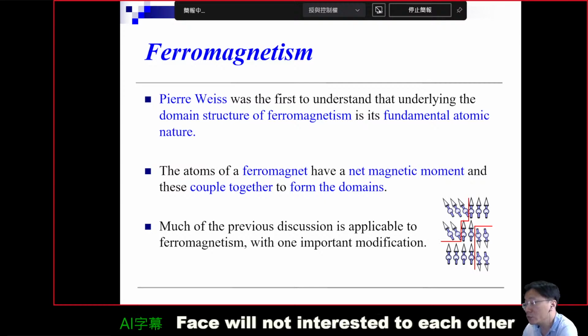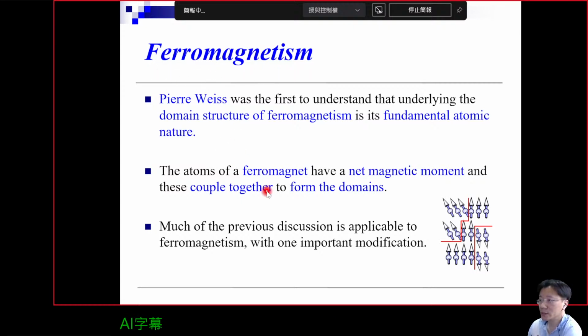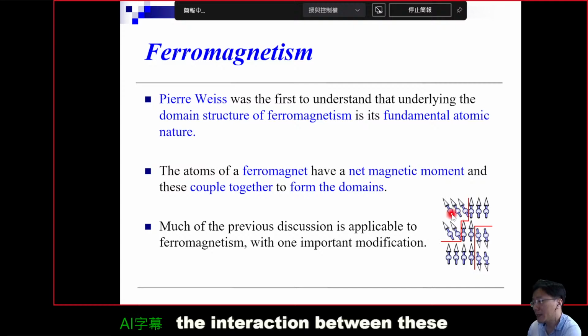They should interact, because they create a magnetic moment. They may also create a magnetic field, right? So in ferromagnetism, we modify a little bit. That is, we will not ignore the interaction between these magnetic moments.